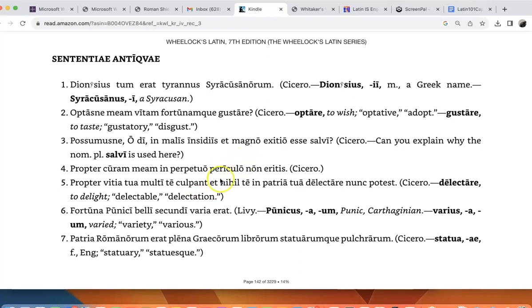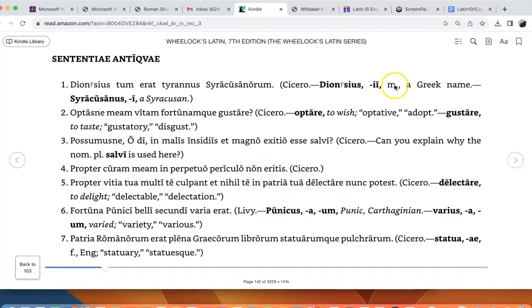And so again, things were very unstable during this time. And so this is probably a reference to that: if you're conspiring against Rome, as Cicero sees it, then clearly you don't love your country. So if you don't love your country, then you don't take delight in it. And so it's probably best for you to leave, which he did.